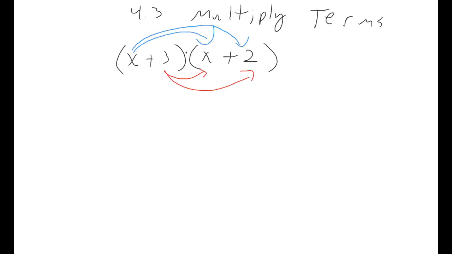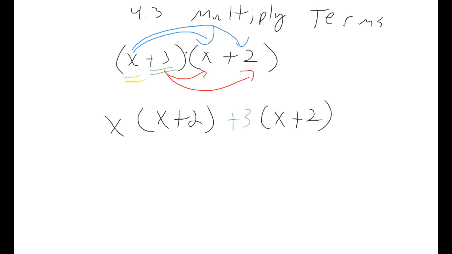So we'll talk FOIL in a minute, right? But if you don't like FOIL and you have a hard time seeing this, you can rewrite this by taking the first term, x, and putting it on the outside of x plus 2, and then taking your other guy, the plus 3, and putting that in x plus 2, and then distribute.